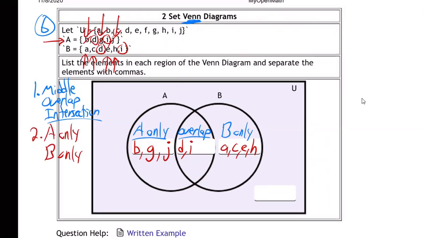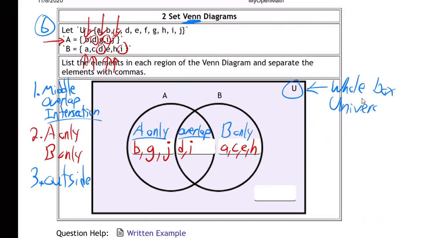Finally, Step 3, do the outside. Because notice the box, the whole box is the universe.